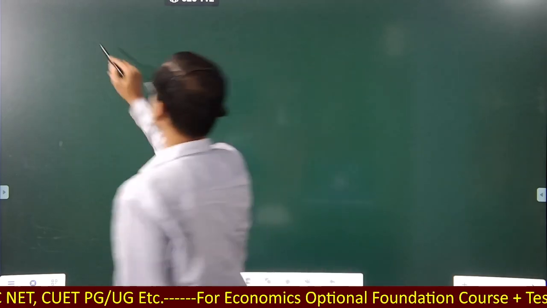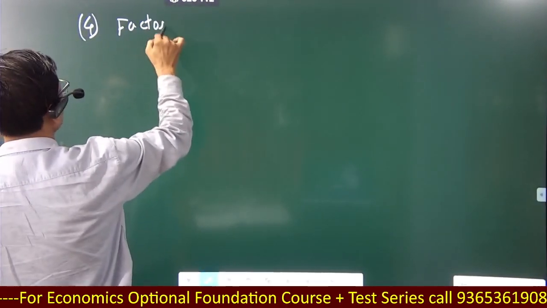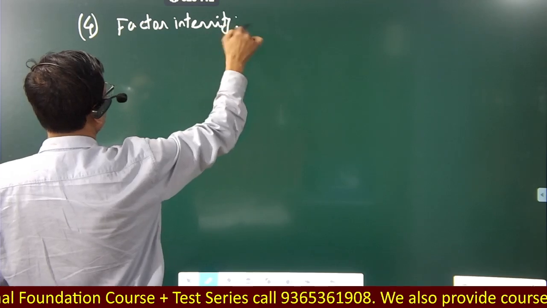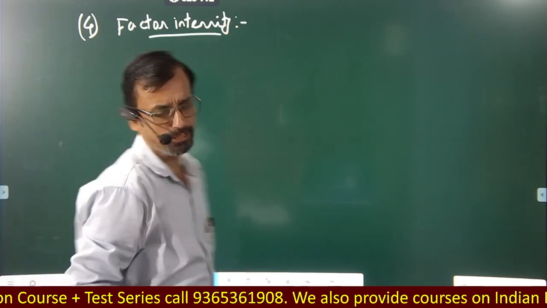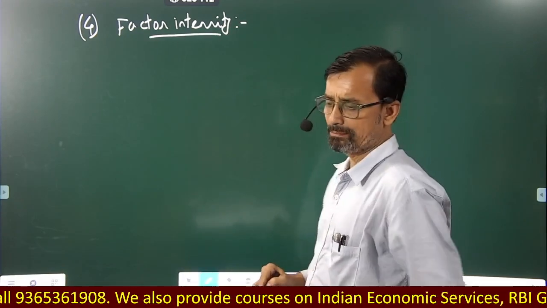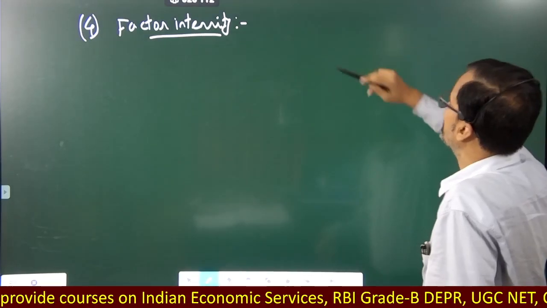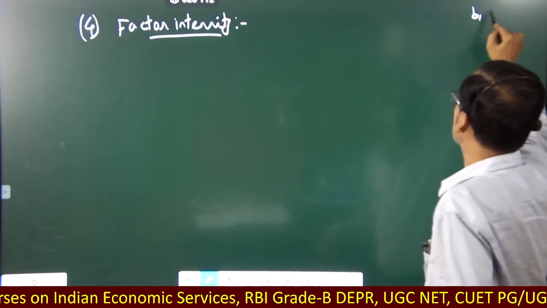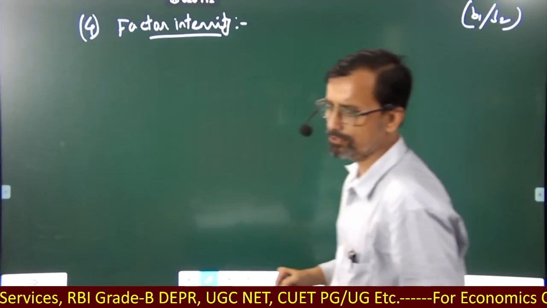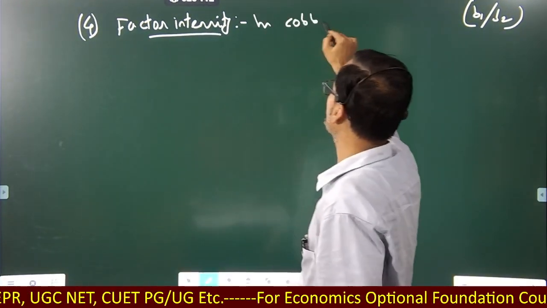We can talk about the factor intensity of the Cobb-Douglas production function. In the Cobb-Douglas production function, factor intensity is indicated by the ratio B1 by B2.